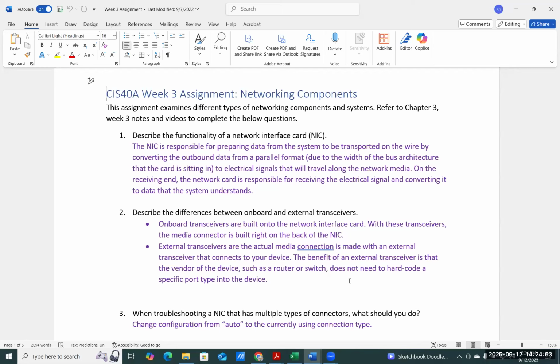If it's on board, there's a bus. A bus is a pathway where the data travels. On your motherboard, there are many buses. It's kind of like how there are many roads in a town where you would be able to get from point A to point B. A bus is like one of those roads.